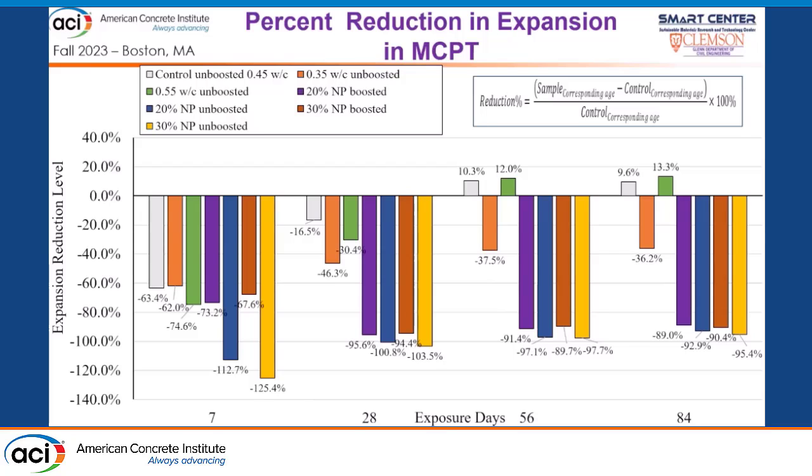These are your 30% boosted, unboosted, and the 20% boosted, unboosted. There are about 80 to 90+% reduction in expansion. That is a significant drop from the control. However, if you look at just the water cement ratios, 0.35, 0.55, they're not really reducing the expansion in the long term. This is one aspect of it.